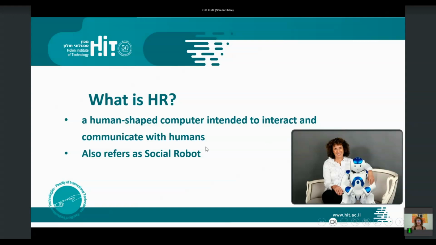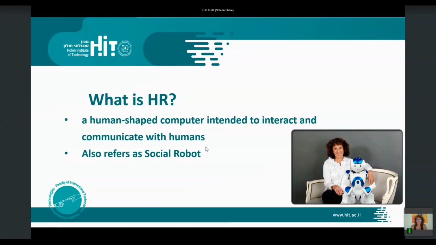The intention of the humanoid robot or the social robot is to interact and communicate with humans. This is what differs humanoid robots from other robots, like robots in work and robots that do things for humans. But the humanoid robot and the social robot is intended to interact with humans.